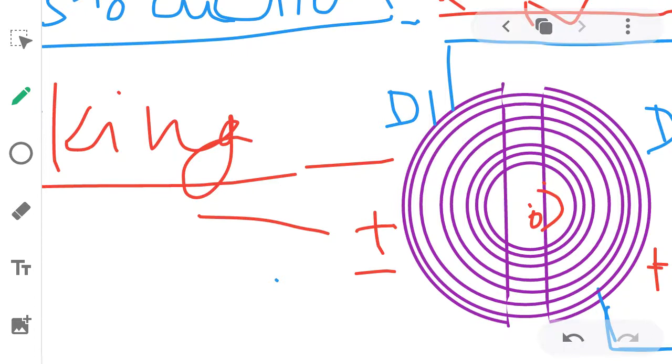Now when this positive charge moves to D1, and as it finishes its path, let me draw it.